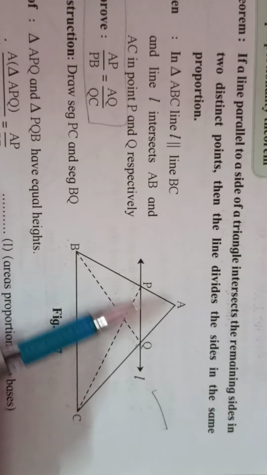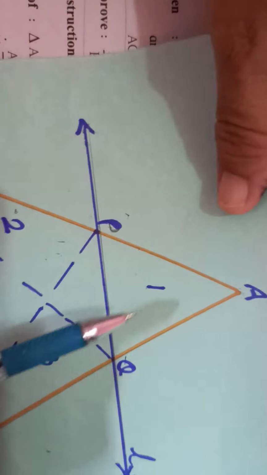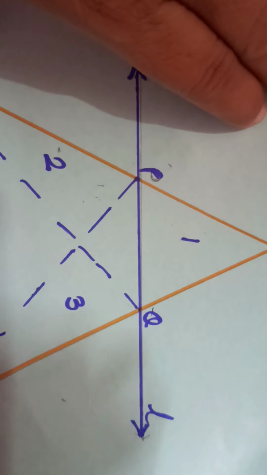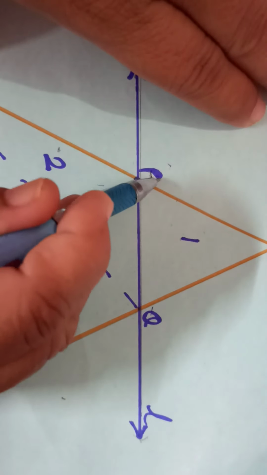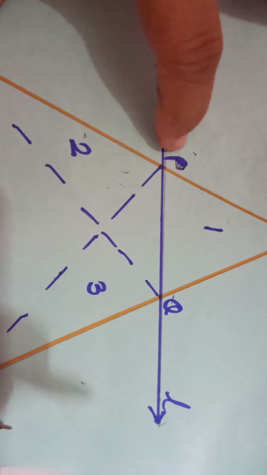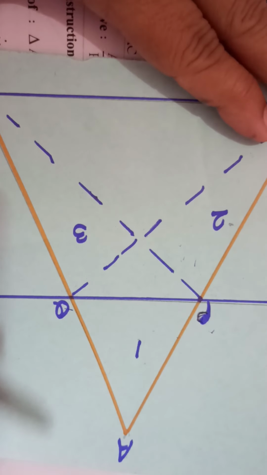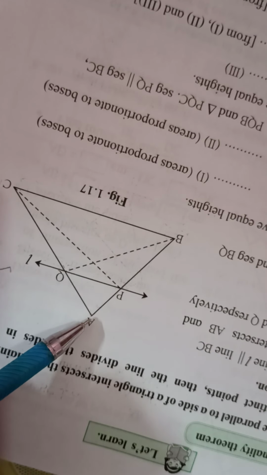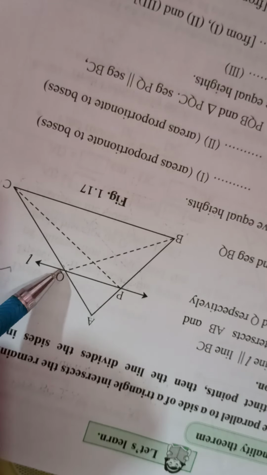Here also both these two triangles, triangle 1 and triangle 3, have common vertex P. P is the common vertex. If we turn the textbook this way and look towards this triangle APQ and triangle PQC.